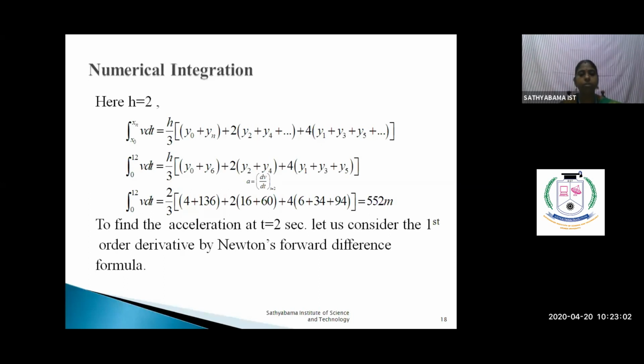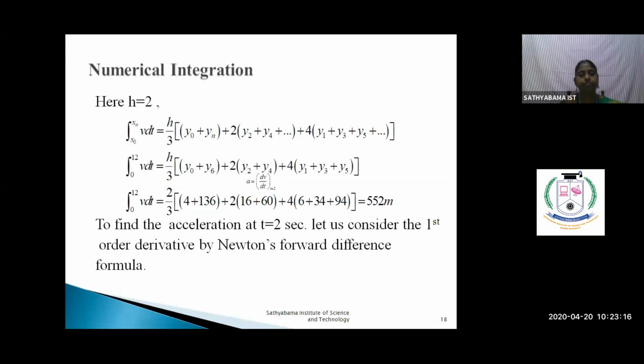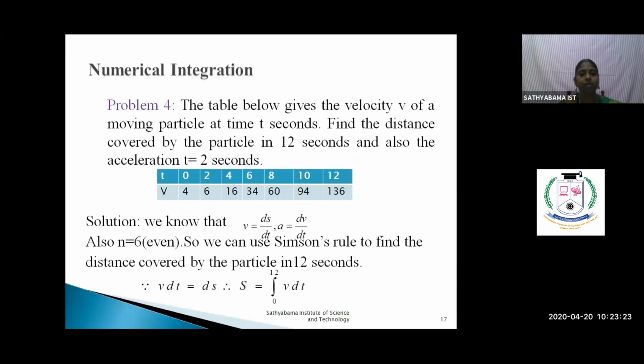Now the next question is to find the acceleration. The second question is: also find the acceleration of the given data at t equal to 2 seconds. Acceleration is actually a second order derivative, but what is given here? Velocity is given. So from the velocity, we are going to find the acceleration.